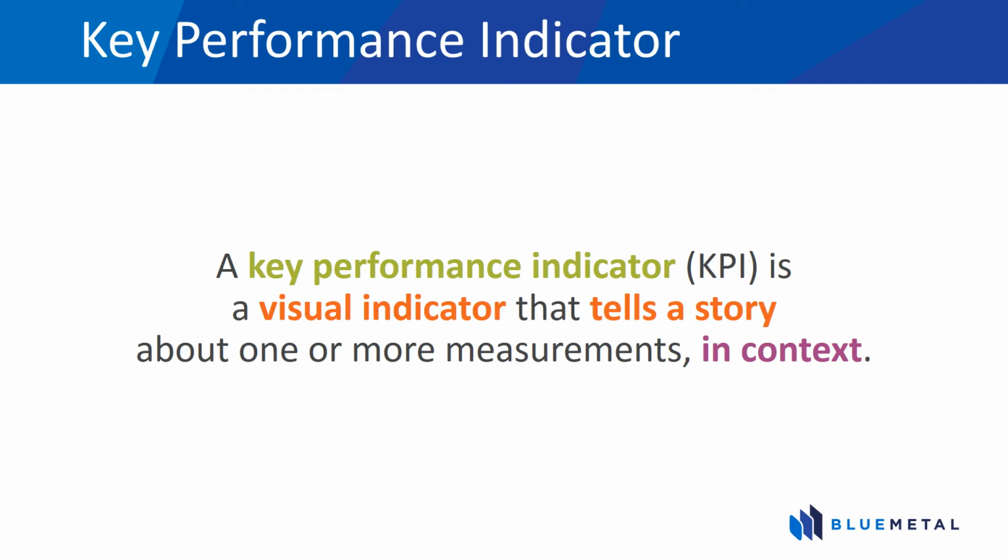So if we go back to our brief example before of your visit to your doctor's office, an example of the KPI could be the trend. It's very important. Of your heart rate or your blood pressure over a certain period of time. And we want to tell a story about that. So for example, if the trend is upward, we might use something visual like an up arrow to indicate that.